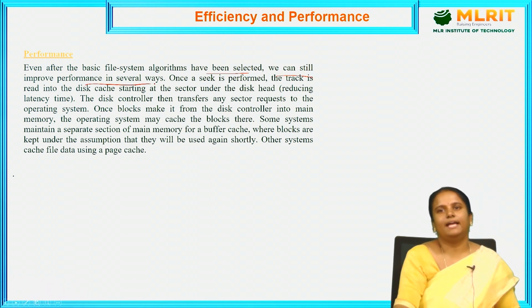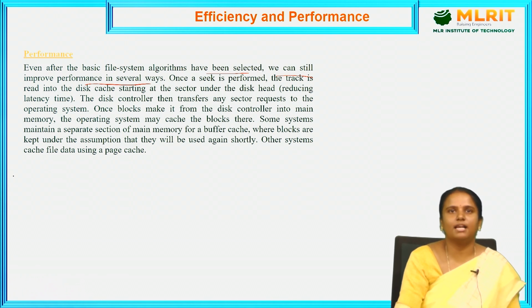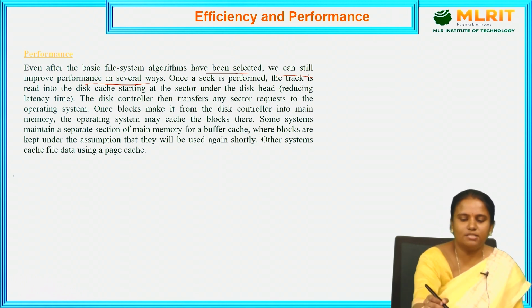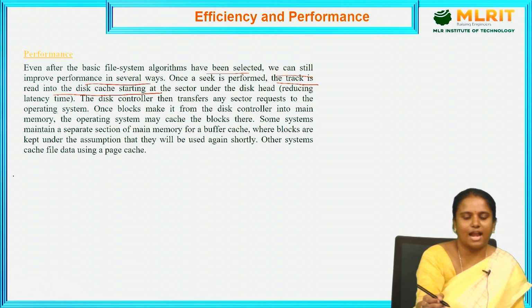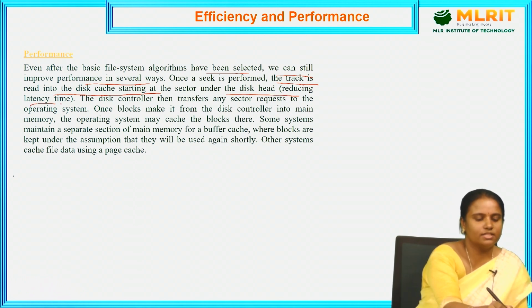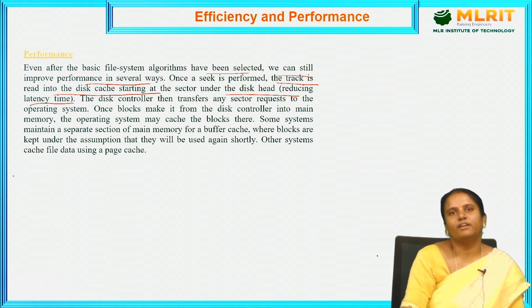Once a seek is performed, the track is read into the disk cache starting at the sector under the disk head, reducing the latency time. So we have latency time, disk time and seek time, which are the three times involved in improving performance.